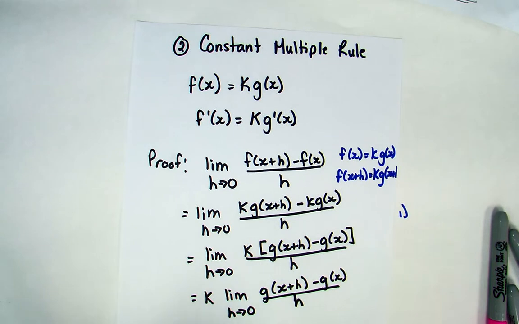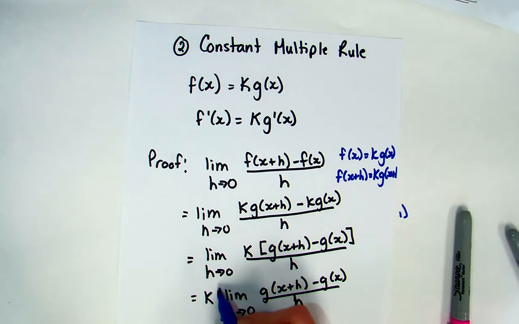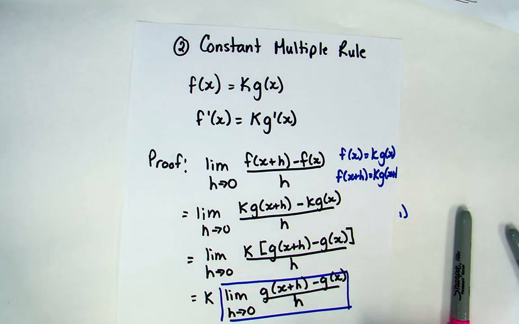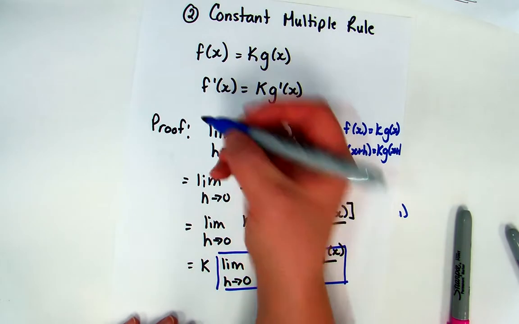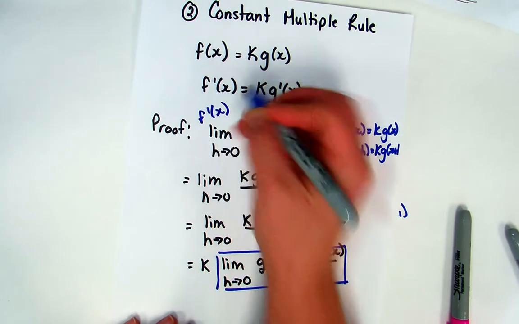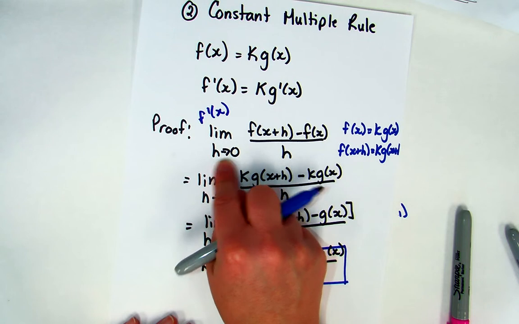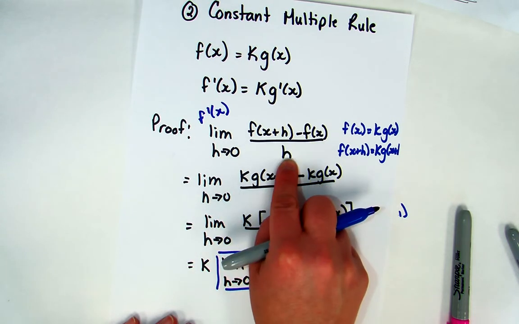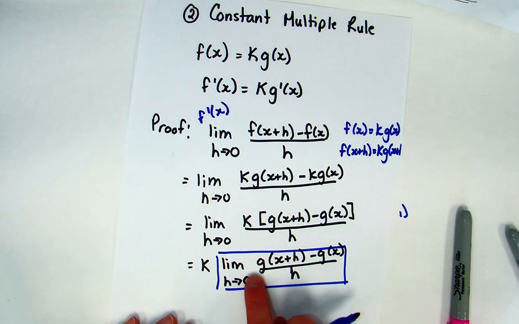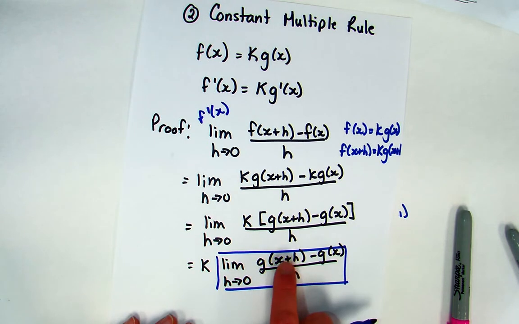But if you look at this, this should look familiar to you. This is the limit definition for slope of a tangent. We learned that f prime at x is equal to the limit as h approaches 0, f at x plus h minus f at x over h. Well, here I have the limit as h approaches 0 of g at x plus h minus g at x over h.